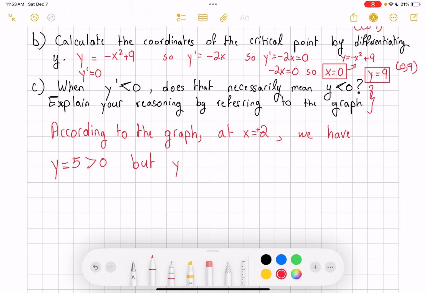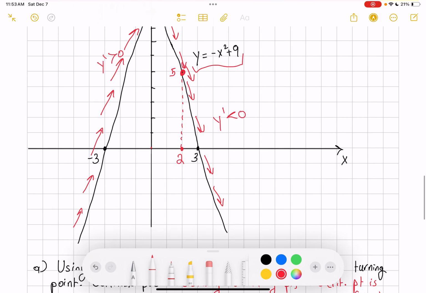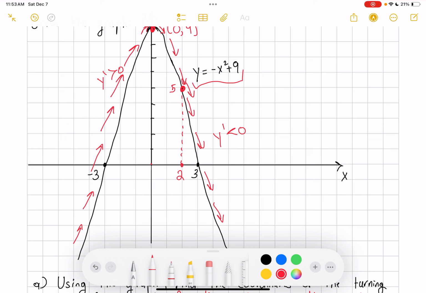But y prime of 2, which is negative 2 multiplied by 2, is negative 4, which is negative. So it's not necessary to have y less than 0. Once again, you found a point on the graph which disproves the statement.